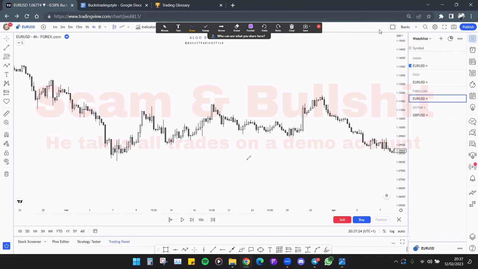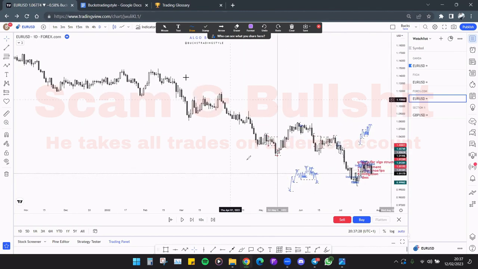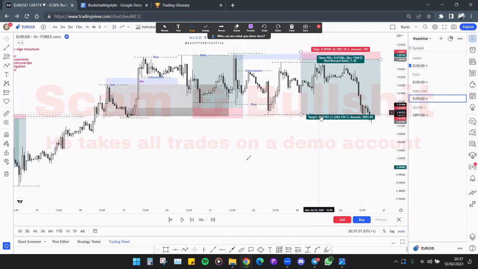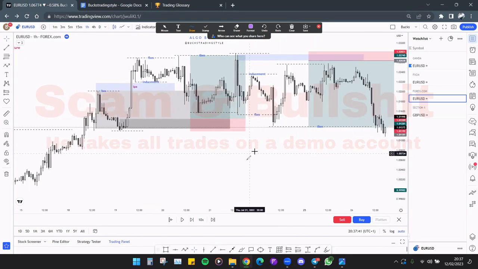You can start from the daily time frame to see the overall bias. But most of the time, if I don't want to stay long on the chart, I just start from the 1 hour time frame and then I go back down and do what I'm supposed to do.